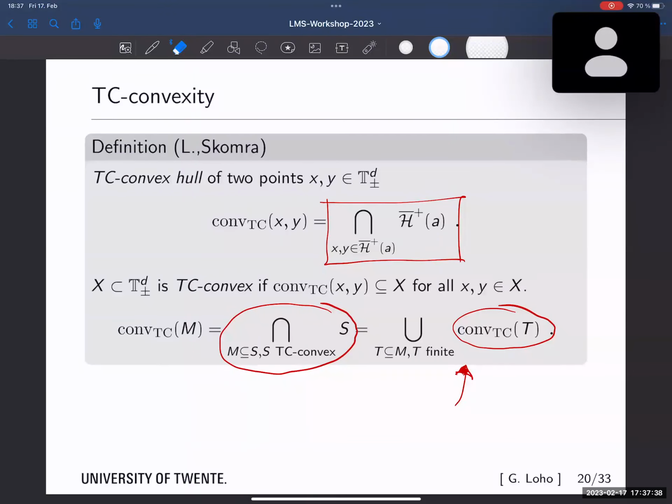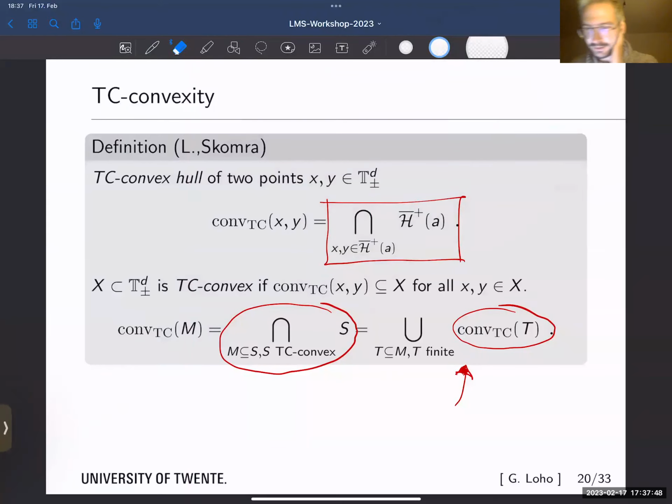Do we need the signed valuation of this half space? This half space is really already a signed tropical half space. That is already tropically signed. Okay, thanks.